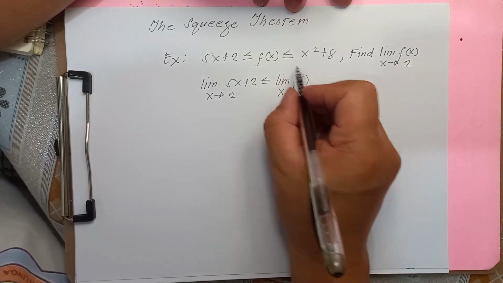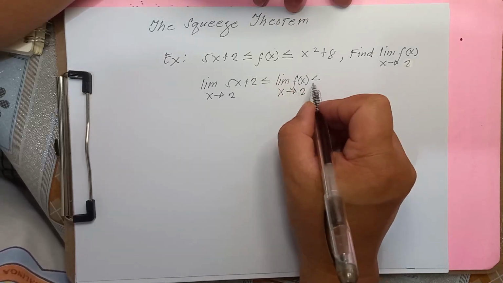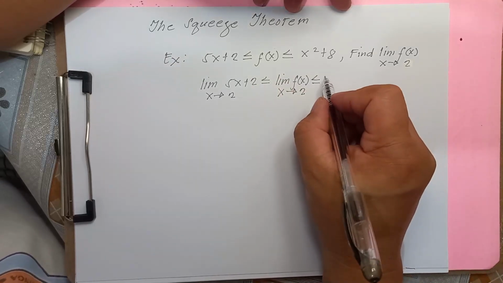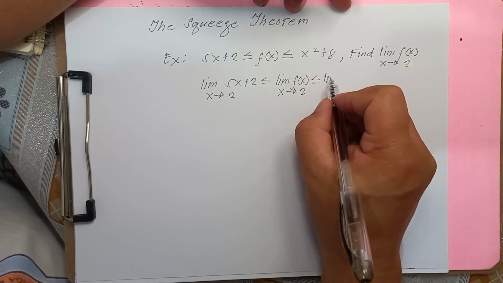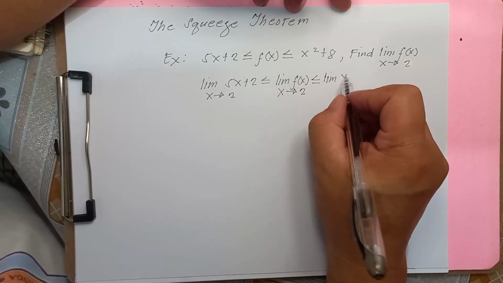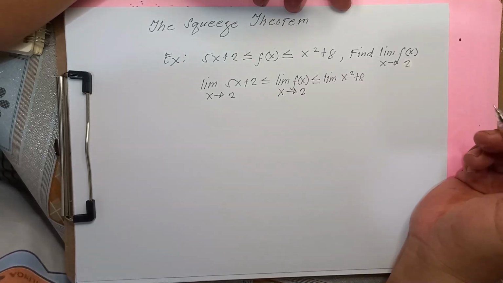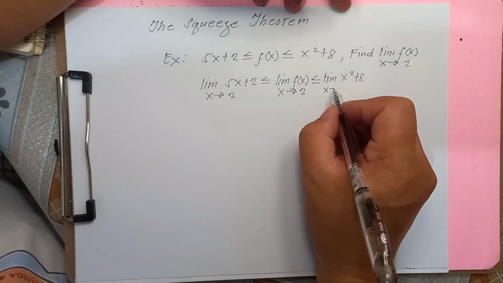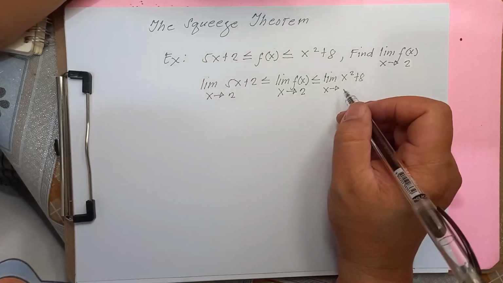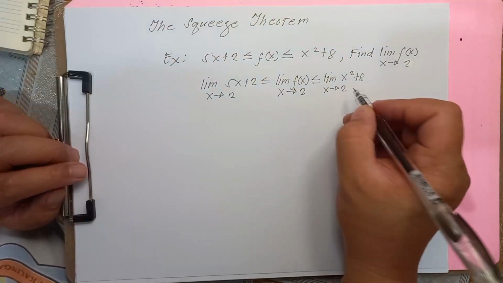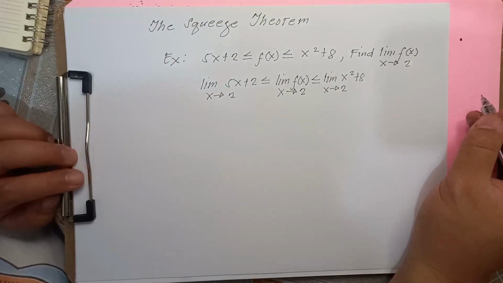That is the same as less than or equal to the limit of x raised to 2 plus 8 as x is approaching 2. And so that is how to do the problem.